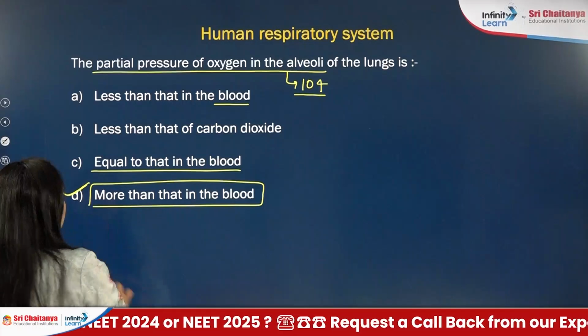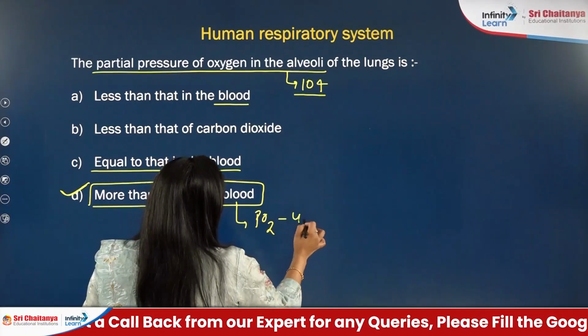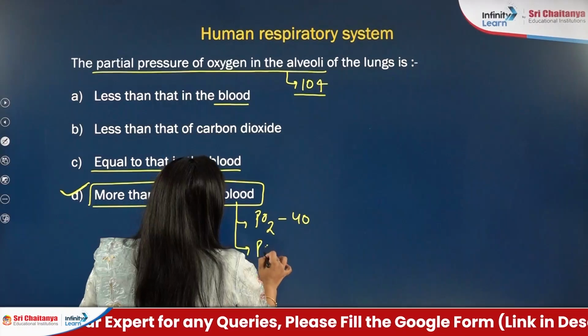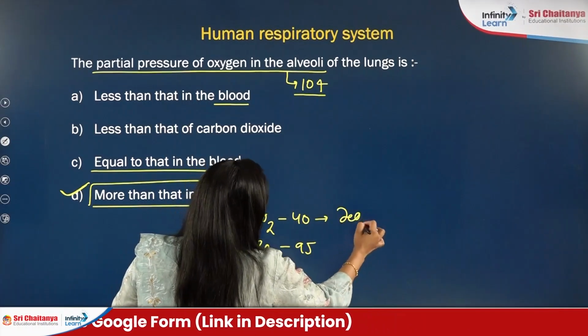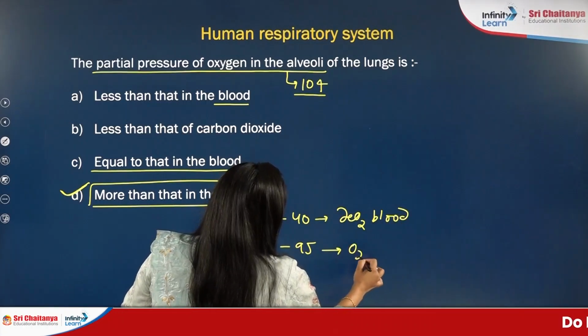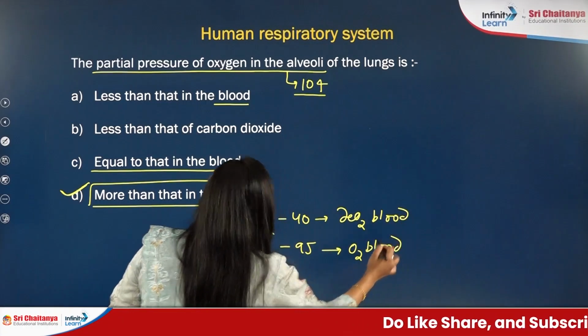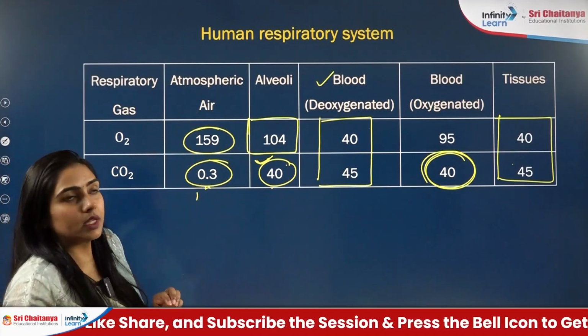This will be the answer because in the blood, you know, partial pressure of oxygen is either 40 or 95. It is 40 in deoxygenated blood and it is 95 in oxygenated blood. You have seen by the table, the blood.